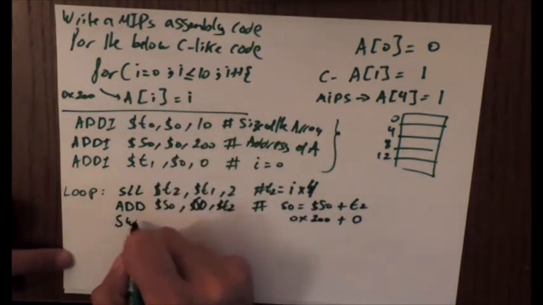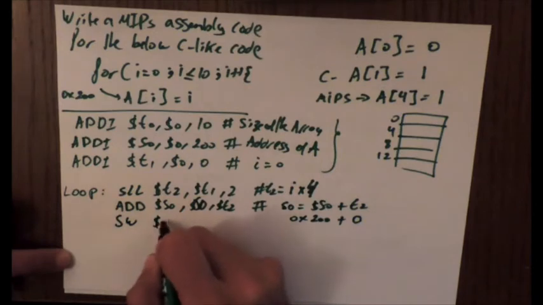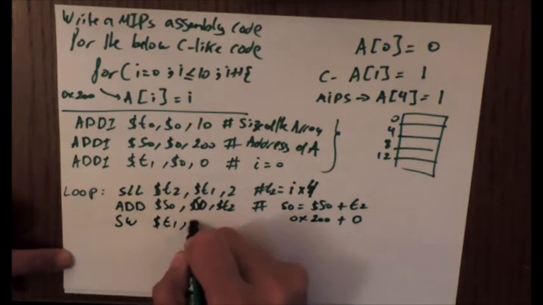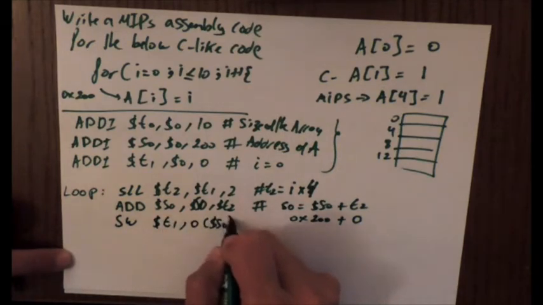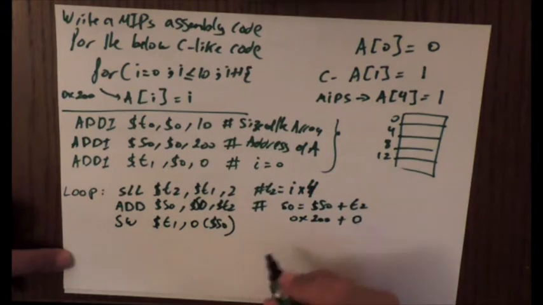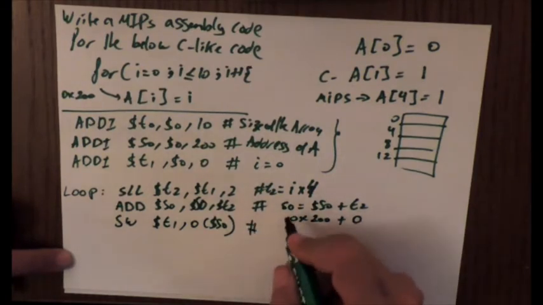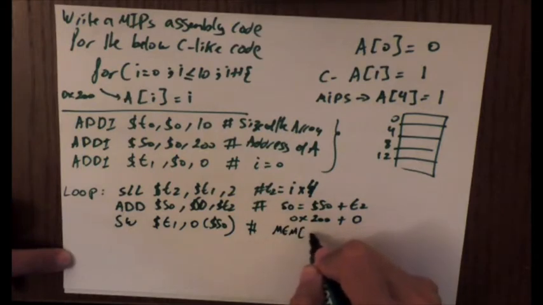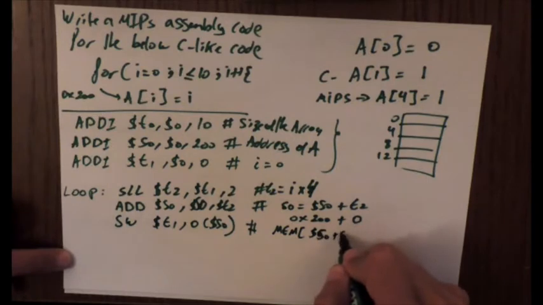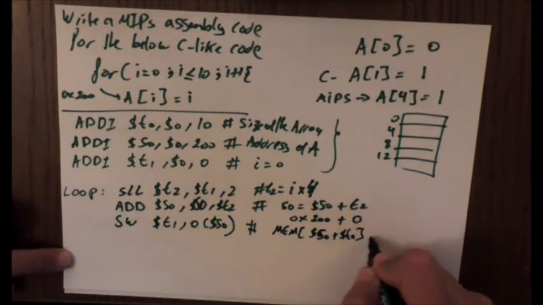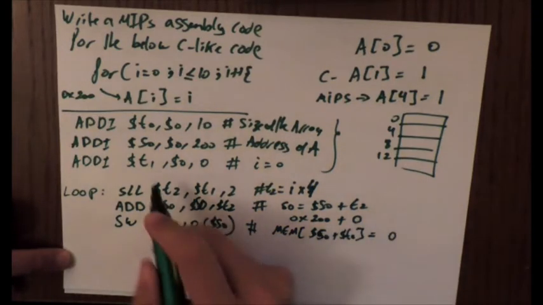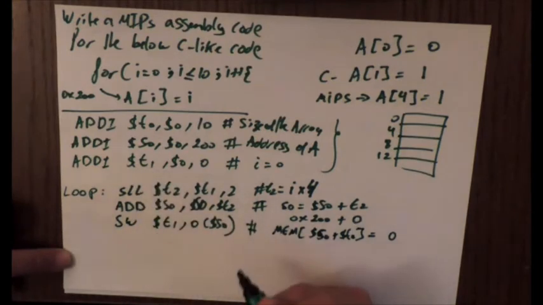Okay, so now I can store in the address the value of i, which is set to 0. So store word $t1, 0($s0). So now I'm saying in this case that the memory at $s0 plus 0 is equal 0 because in the first iteration $t1 was just 0.